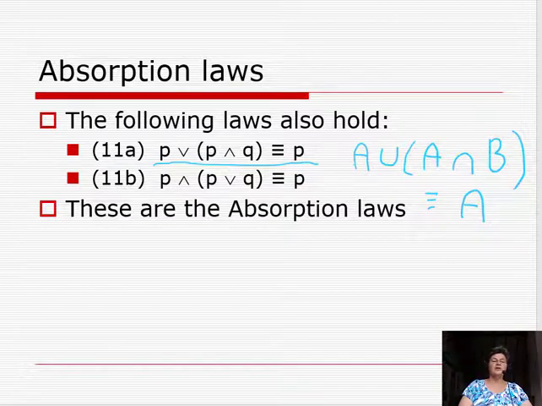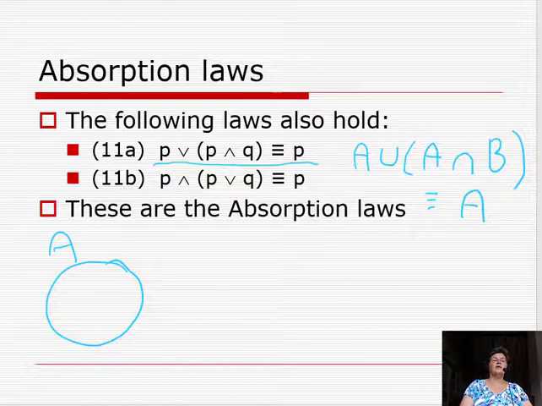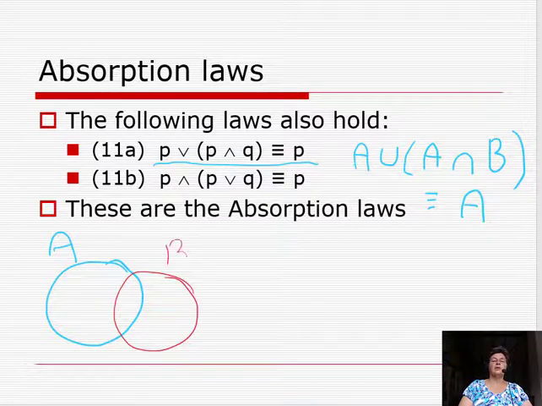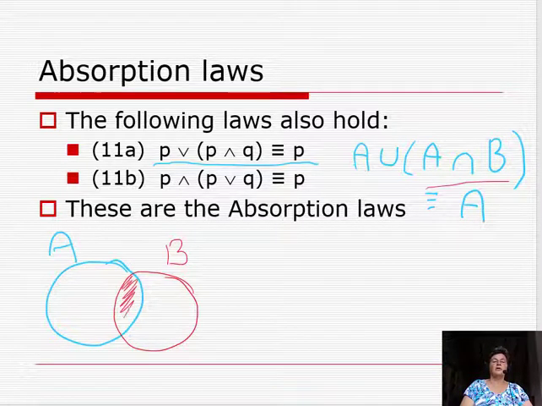Well, if we look at sets, let's draw a set A. Okay, let's make a set B with a different color. Then the union of A with A intersection B, let's first make A intersection B. That's this one here.